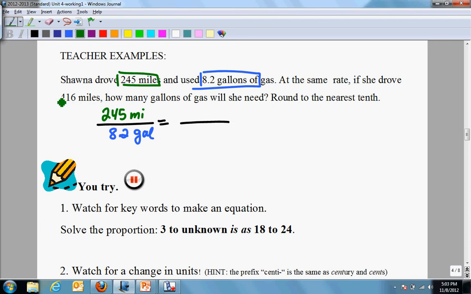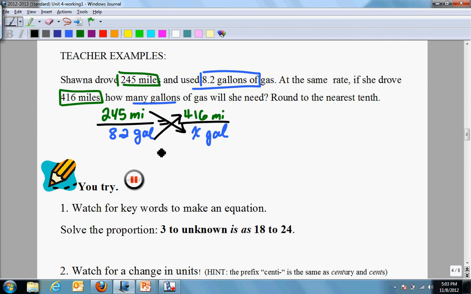Then here we're told that she drove 416 miles. That matches with the top. Now we have an unknown gallons of gas. We're going to use the property that the product of the means equals the product of the extremes, so we're going to cross multiply.